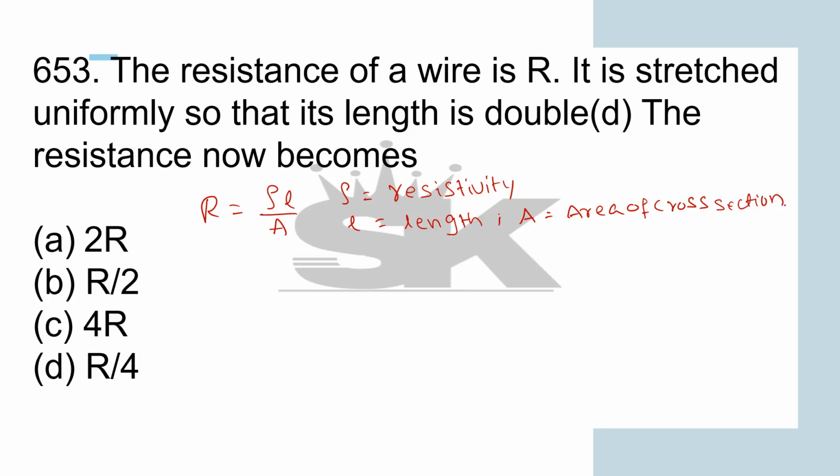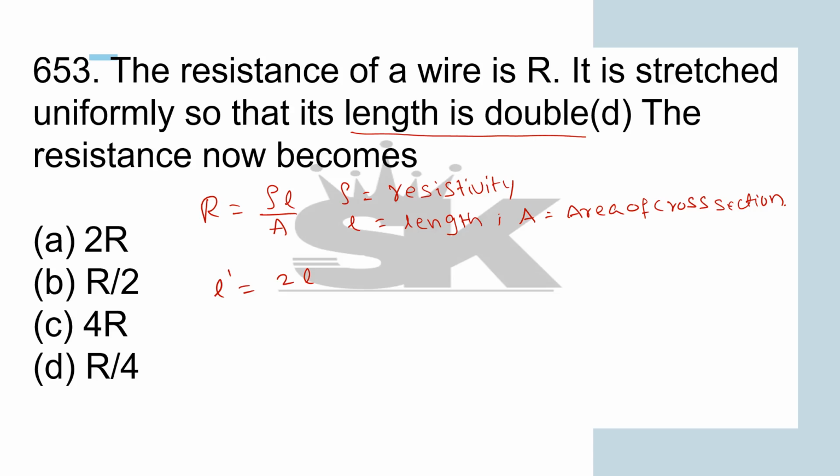So what are the changes in the resistance? He doubled the length, right? So L dash is 2 times the L. The resistance of wire is proportional to length of the wire. Since the length of the wire is doubled, its resistance also doubles.